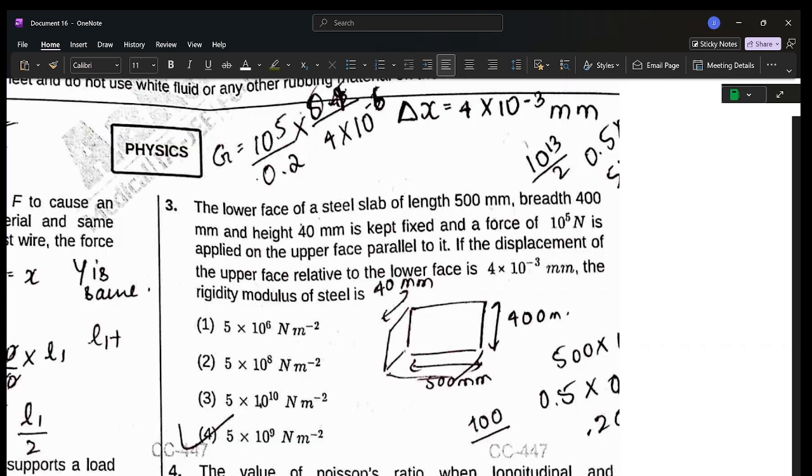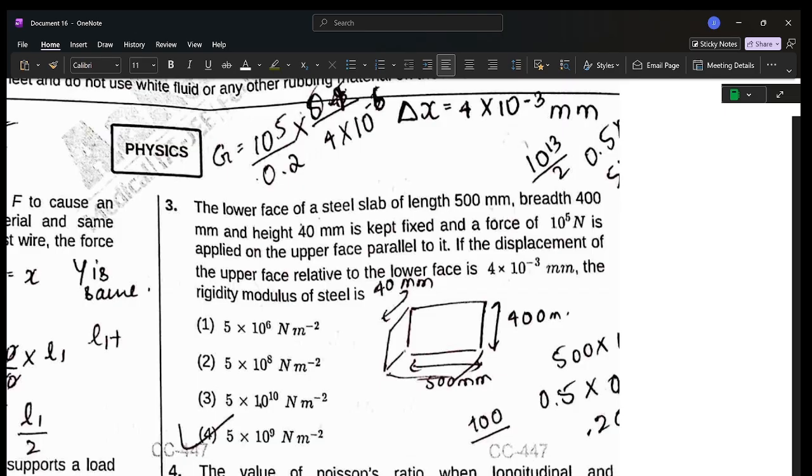Stress is simple, it's force by area. So I'm going to divide the force, which is 10 power 5, with area, which is 500 into 400. It's only 500 into 400, right? That was my other doubt, because you have height, length, and breadth.